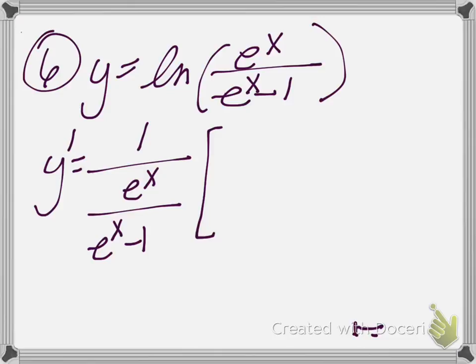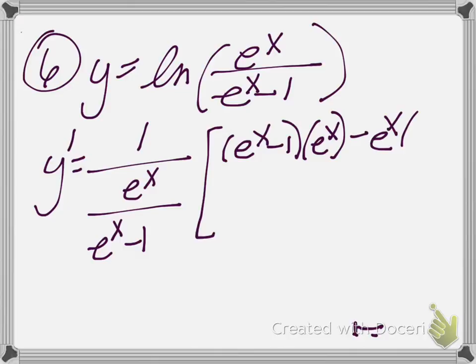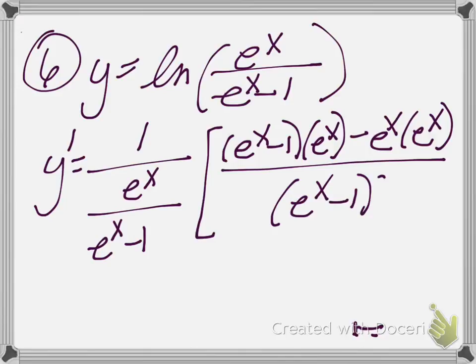I wanted to go for another one, but I can't find it. Okay, so we have the quotient rule. So it is the bottom times the derivative of the top minus the top times the derivative of the bottom all over the bottom squared.